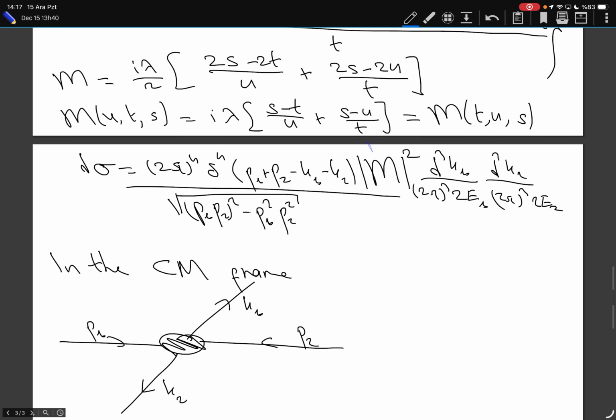This gives me 4 equations. I can choose only 2 degrees of freedom for my processes. There are only 2 things that can change. But nothing should change on the rotations around the collision axis. If you define that angle phi, nothing depends on phi. So the only quantity that the cross-section can depend on, except on the initially fixed values, is this angle theta.